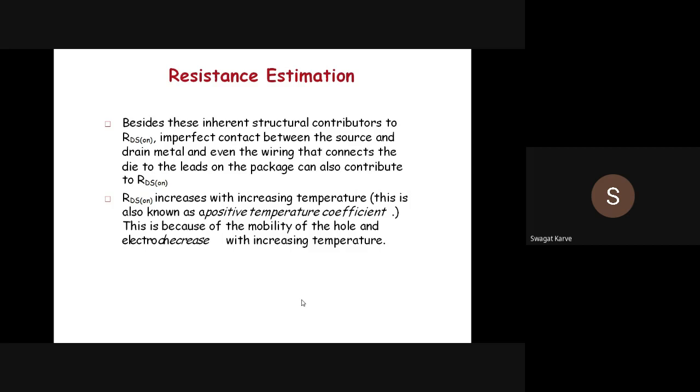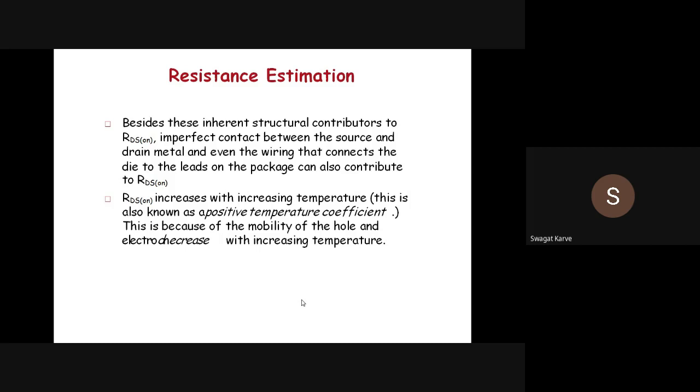Mobility decreases means the velocity is decreasing, and as the velocity decreases, there is something resisting that velocity, and that's why RDS on increases along with the temperature. That means temperature increases, resistance increases, and mobility of electrons decreases.